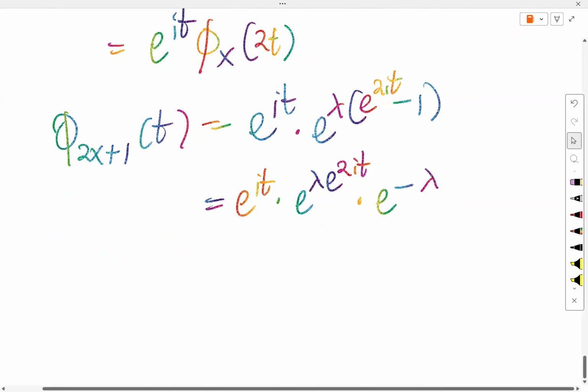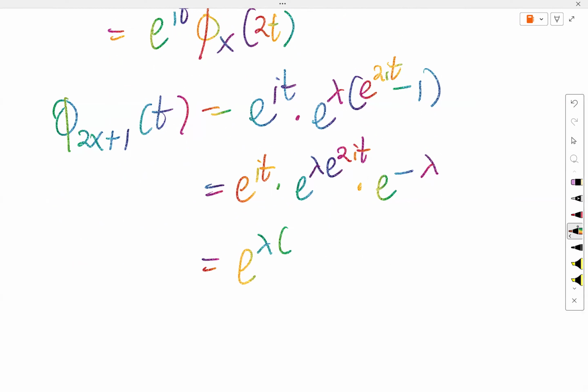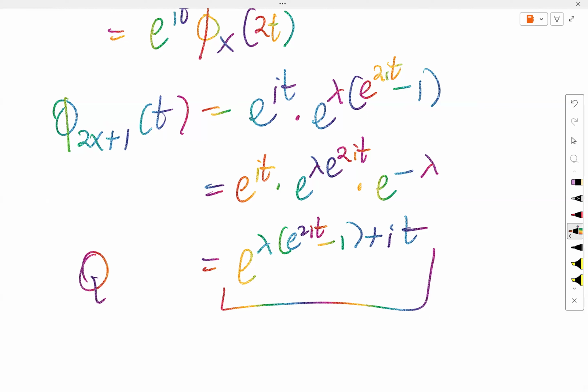So we can put everything together, and we simply have e raised power lambda into e raised power 2it minus 1 minus 1, then plus it, and that is phi 2x plus 1 of t.